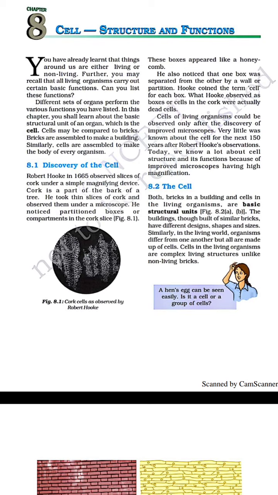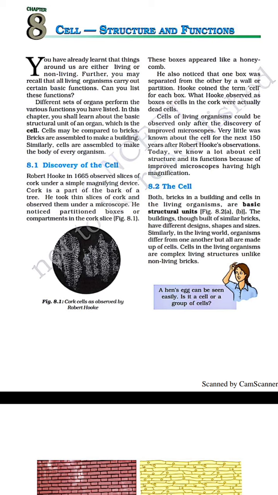But he did the first experiment with the bark of a tree. He took a small part of the bark. This part of the bark of the tree is said to be cork, right? So he took thin slices, because we know that the smallest unit of the organs was the cell, so it is present in the thin slices.